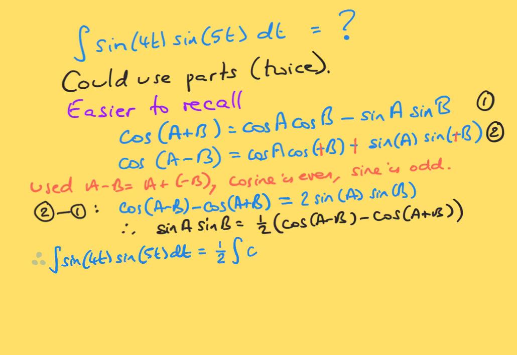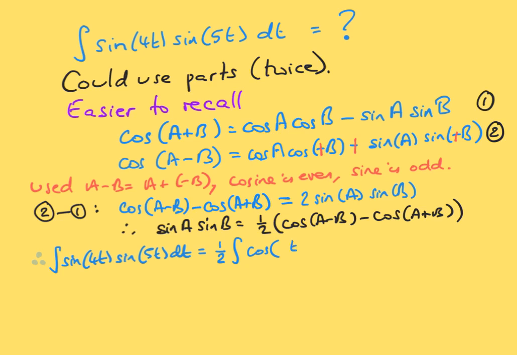And then we have the cosine of, so A is 4t and B is 5t, so you're going to get the cosine of 4t minus 5t, that's minus t, but the cosine of minus t is the same as the cosine of t because it is an even function.